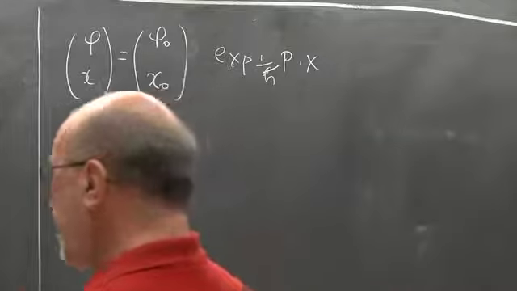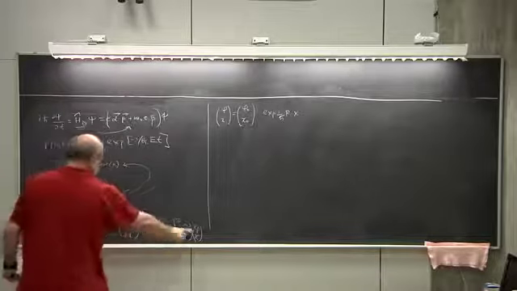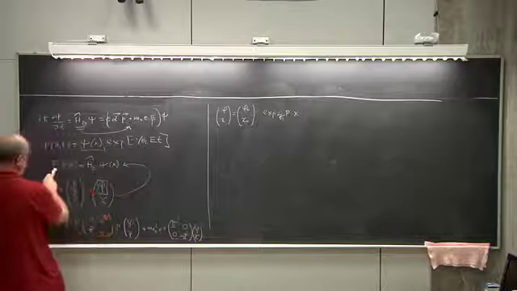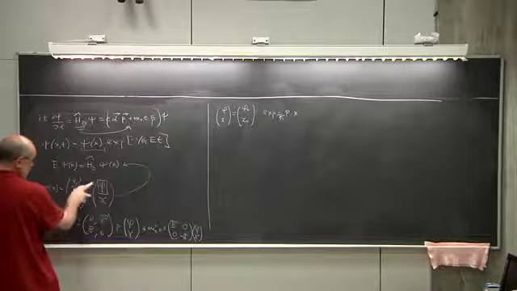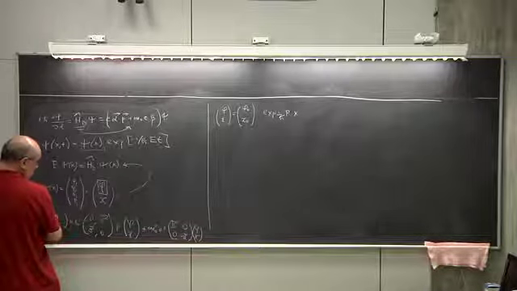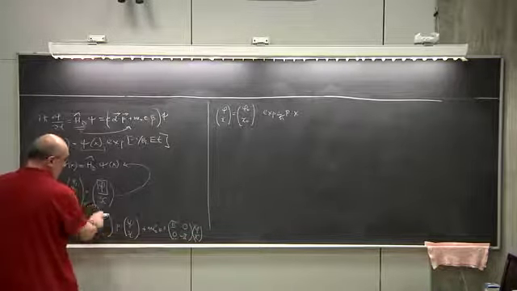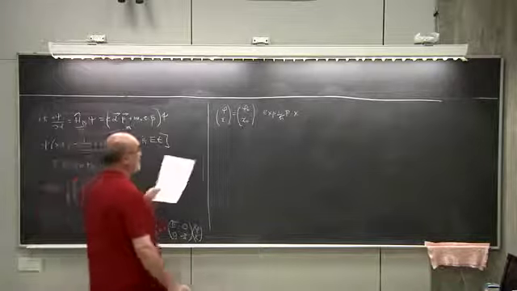Let's put this form into this equation. You see this is an eigenvalue equation, and each of these objects has 2 components. I have put in the alpha, I have put in the beta, and so on.